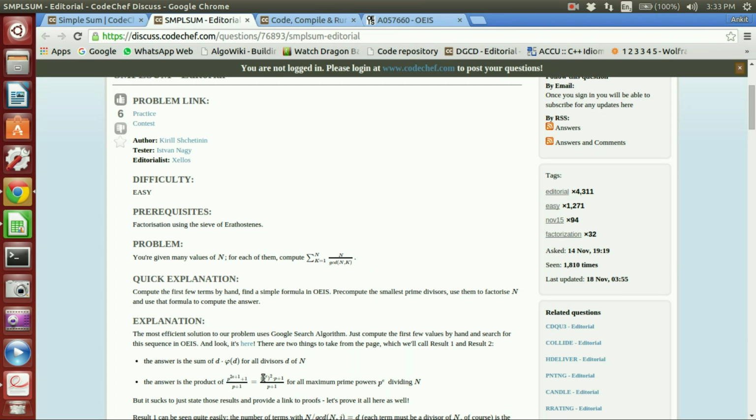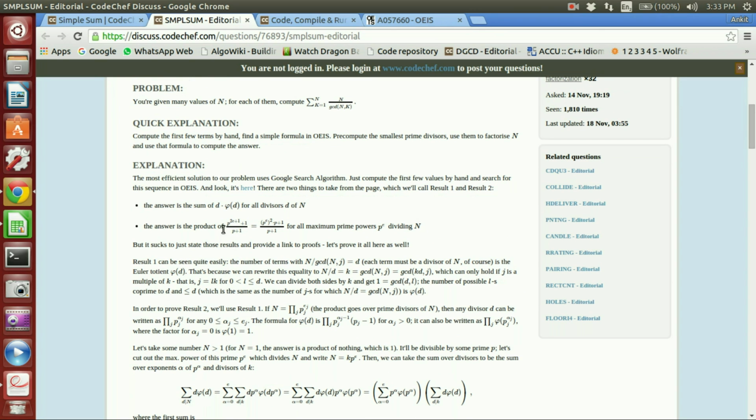So the problem was not to find the formula, but how to implement this formula. So I won't be discussing the formula. Let's understand how to apply this formula.